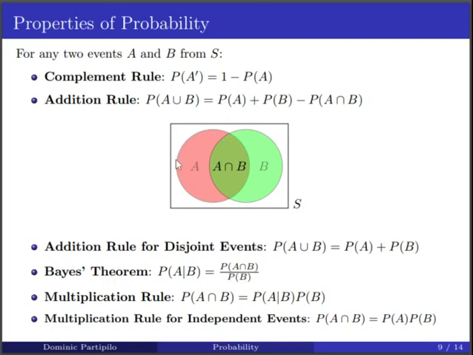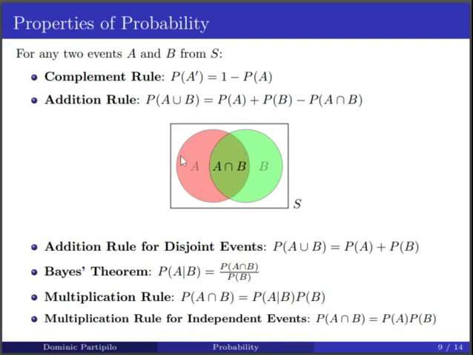So how do we calculate the area of this peanut-shaped object? Well, it seems natural that we might want to add the area of this red circle and the area of this green circle. And that's what we're doing when we say the probability of A plus the probability of B. It's this red circle plus this green circle.